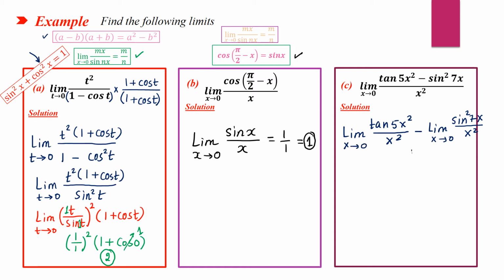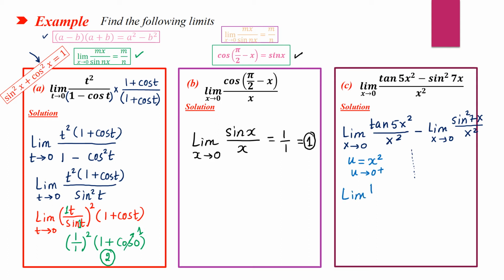For the first limit, you have to substitute u equals x squared. So when x goes to 0, then u goes to 0 from the right, because we have x squared, which is a positive quantity.